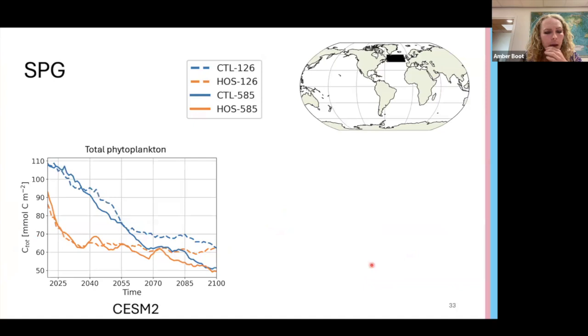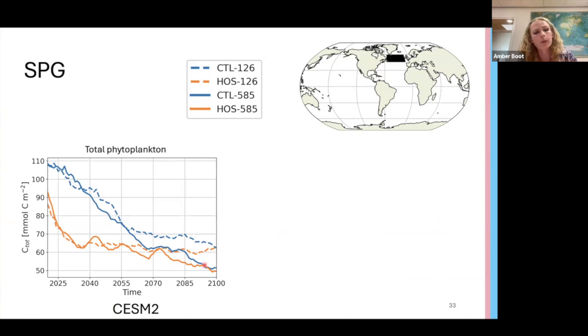If you look at total phytoplankton biomass, we see a really strong decrease of around 50%, and the AMOC weakening, the heating and the control simulations end up around the same point at the end of the simulation in CESM2.